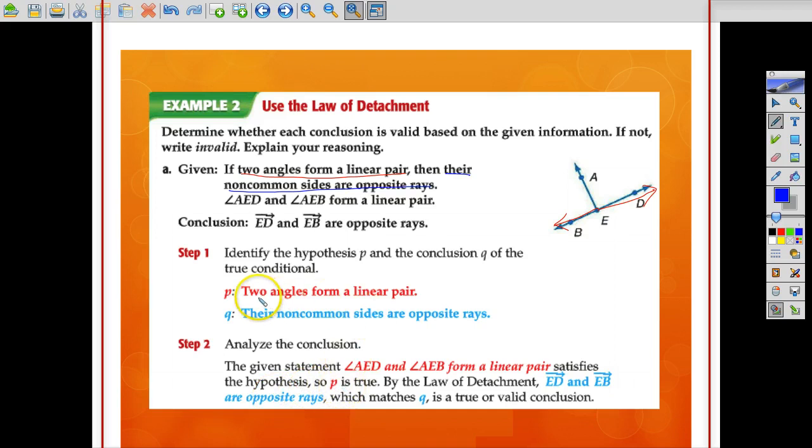So P is true. So by the law of detachment, the conclusion, ray ED and ray EB are opposite rays, which matches Q, is a true or valid conclusion.